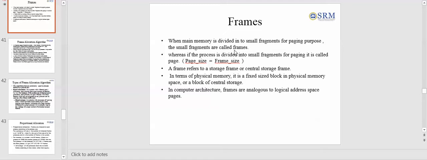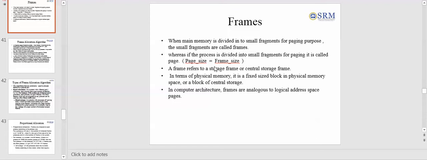So your main memory itself is divided into equal blocks, termed frames, and these frames are used for accommodating the pages. Whereas if the process is divided into small fragments for paging, they are called pages, and that is why page size is equal to frame size.